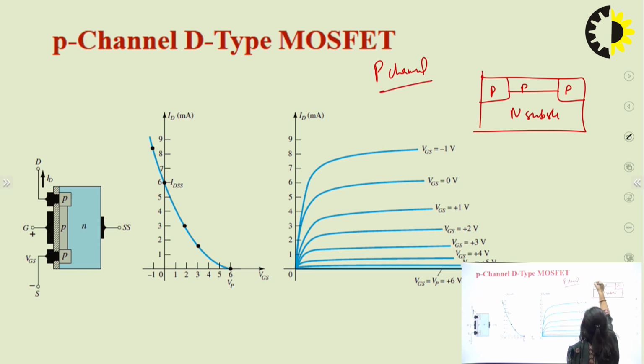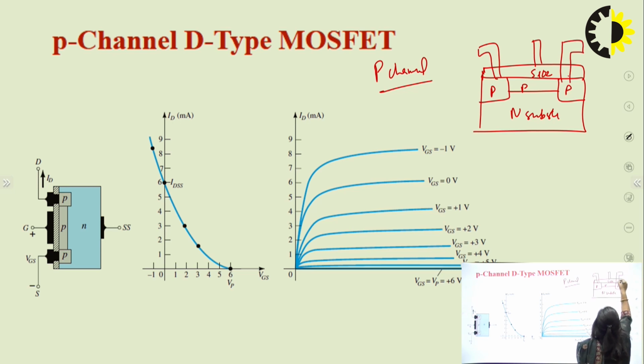Now there will be a SiO2 layer here and these are the connections through this. So this is drain, this is source and this is gate. Okay, so now we can see we have to connect the drain and source. So now the channel is of P type, so here the charge carriers will be holes.